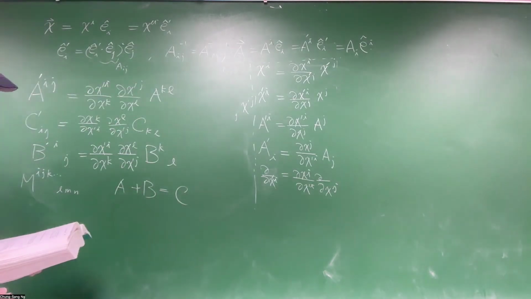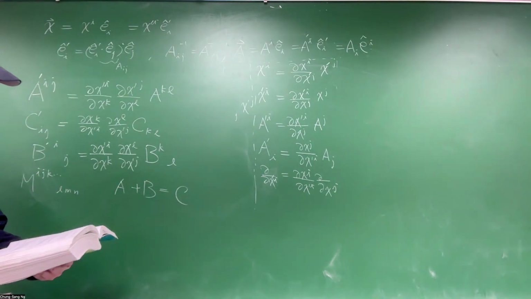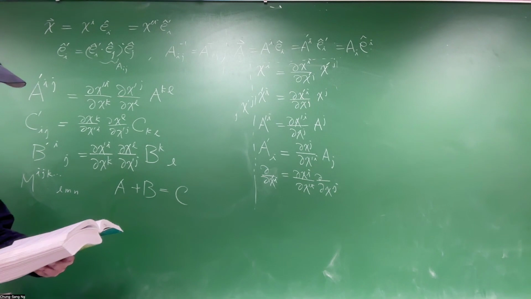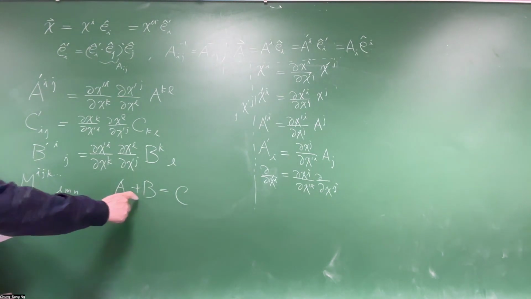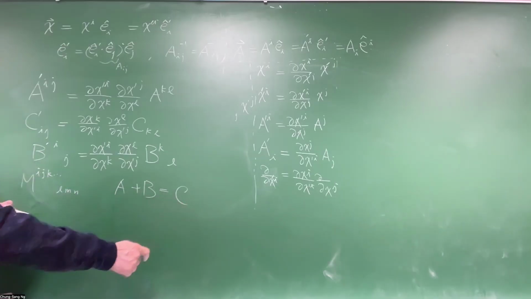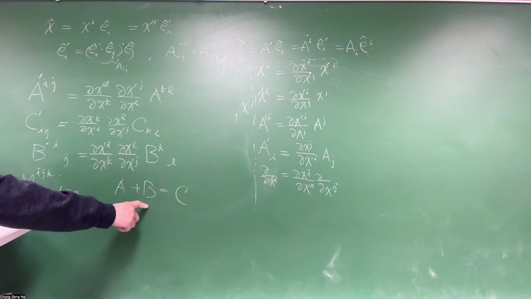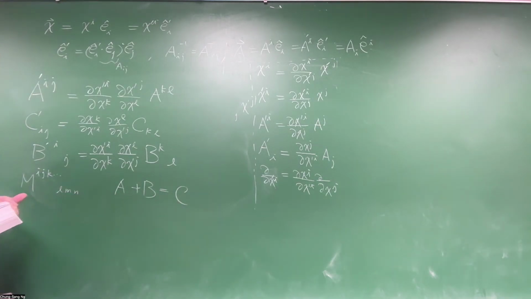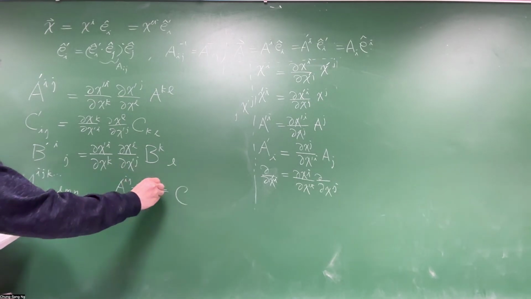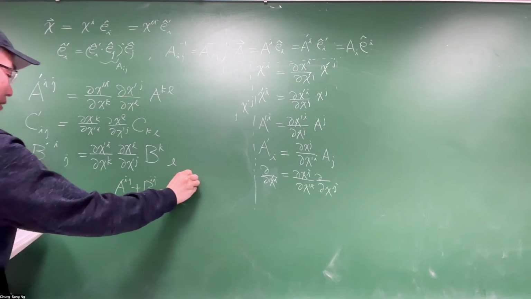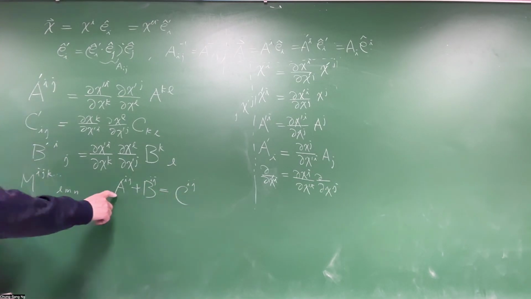Obviously, they have to be the same kind of object before you can add them. So you cannot add a second rank tensor to a scalar. That doesn't make sense, right? Otherwise, if they are the same kind, then you can add them or subtract them, and they transform like that.